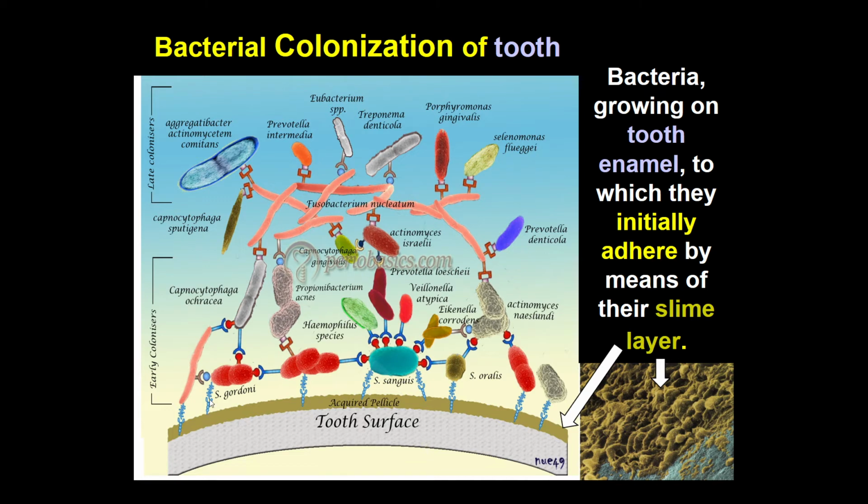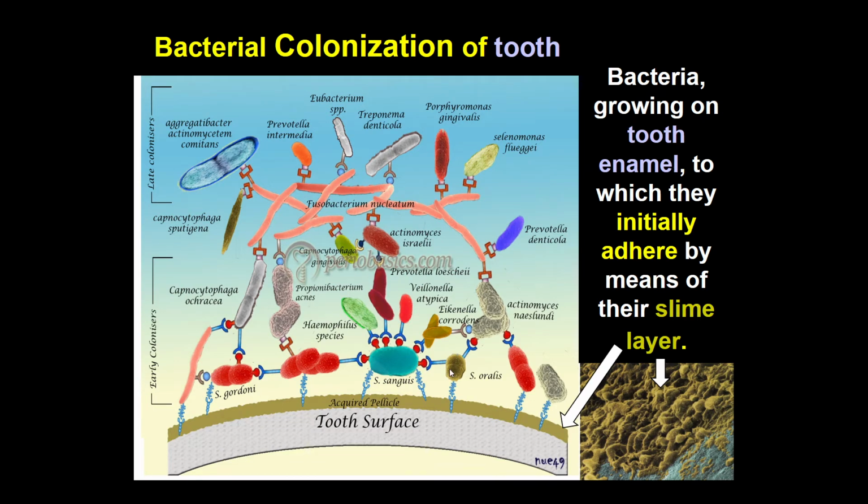The slime layer of these bacteria is shown by this layer of green color. Here, the slime layer is shown only as the material that helps bacteria to be attached to the surface of the enamel.